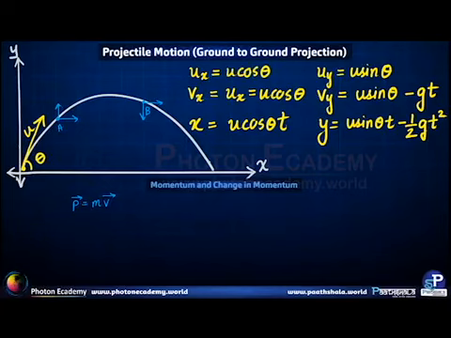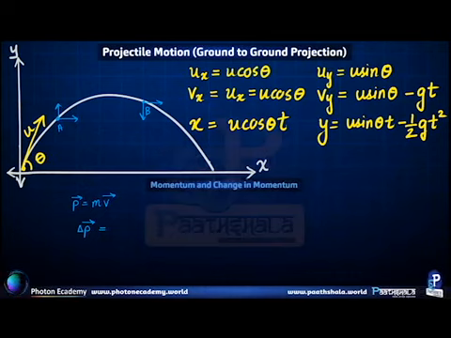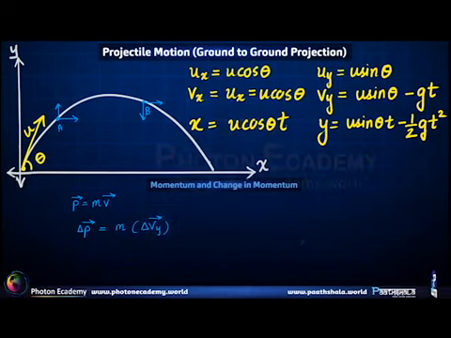So what about the change in momentum? While finding the change in momentum, again as I stated, the x component remains constant for the velocity vector, and hence only the y component is going to change. And since only the y component is going to change, all we need to do is m into delta vy. You don't need to bother about the x component, because the x components are going to cancel for the momentum. So all you need to do is m into delta vy for the change in momentum.